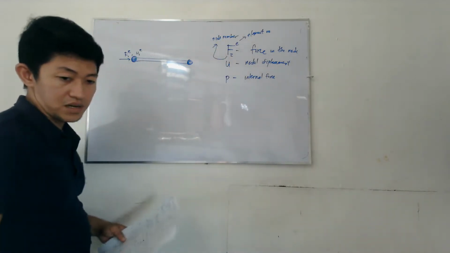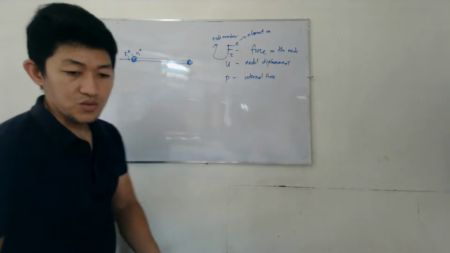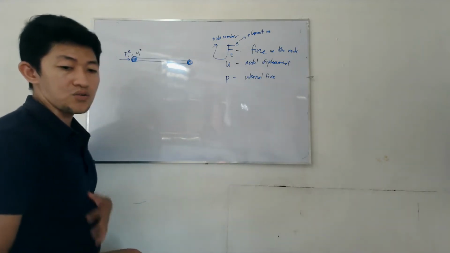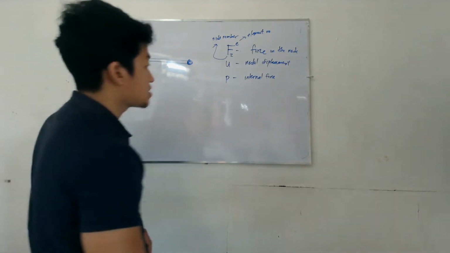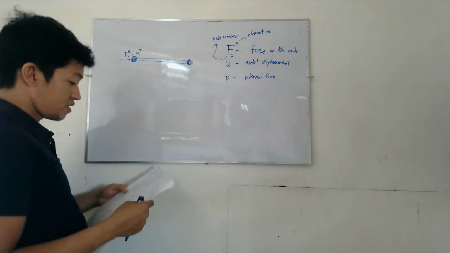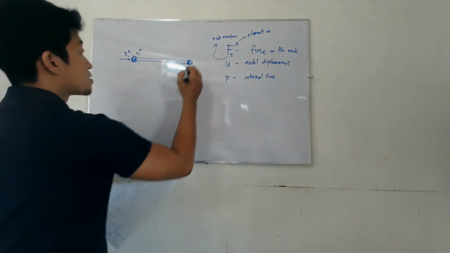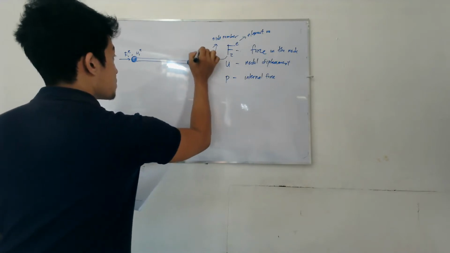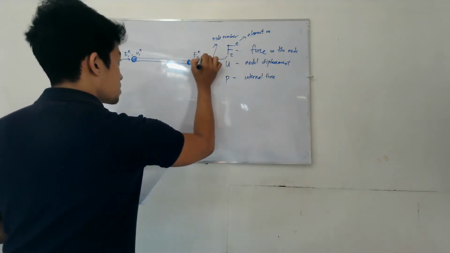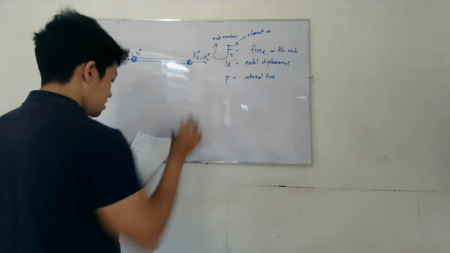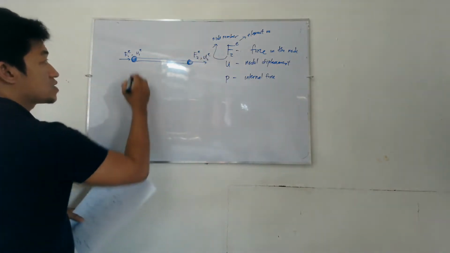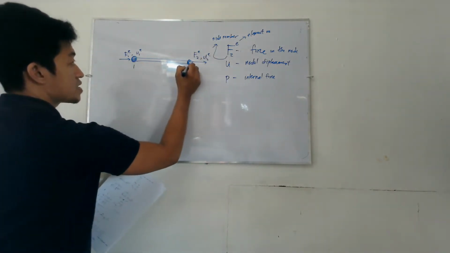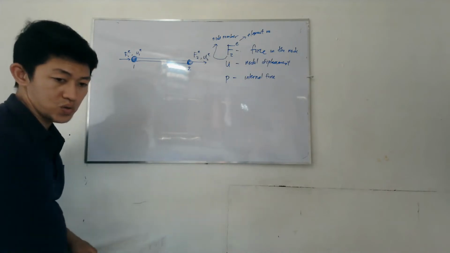So there are two kinds of node numbers. You have the global node number and the local node number. We will discuss that later on. And then this one is force 2 and displacement 2. So this is node 1, node 2.